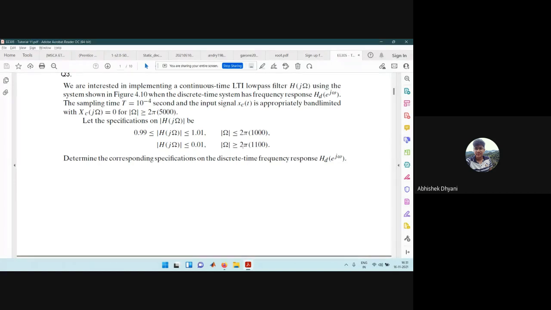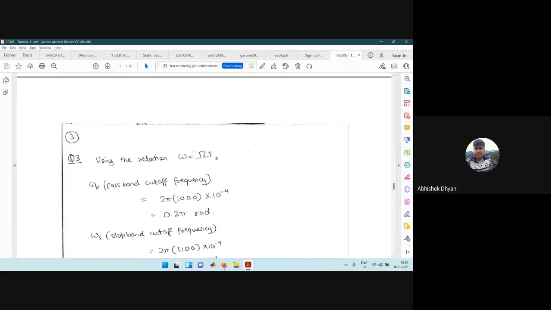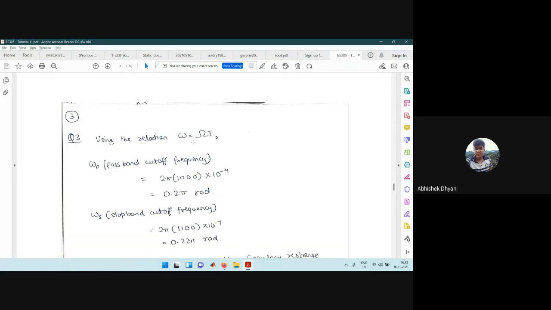Let's convert these directly to discrete time, and that can be done using this relation, because we know that T is 10 to the power minus 4. So I can find small omega as 2π times 1000 times 10 to the power minus 4, which gives small omega in radians.